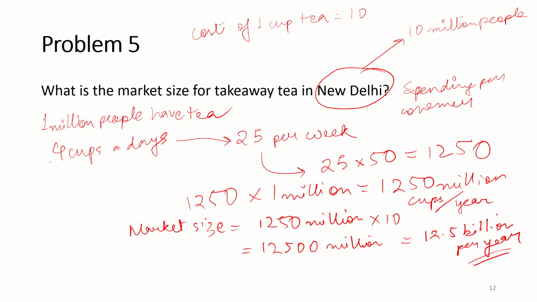Now I told spending per consumer. How do we calculate it? We divide the market size, 12,500 million, by 1 million consumers.